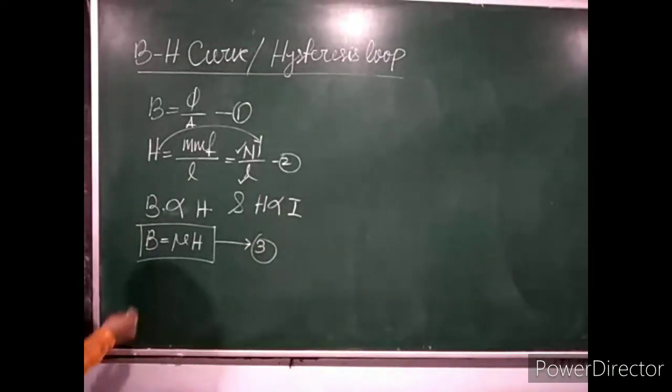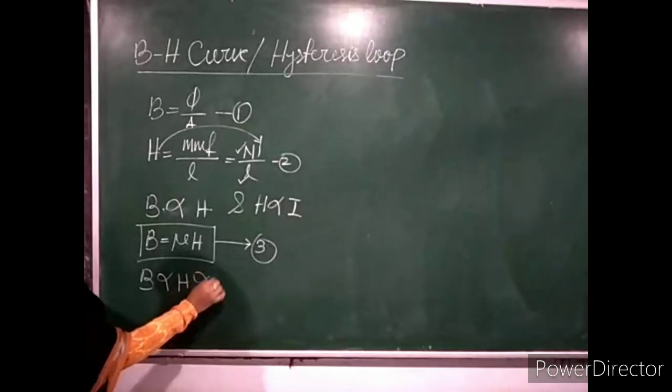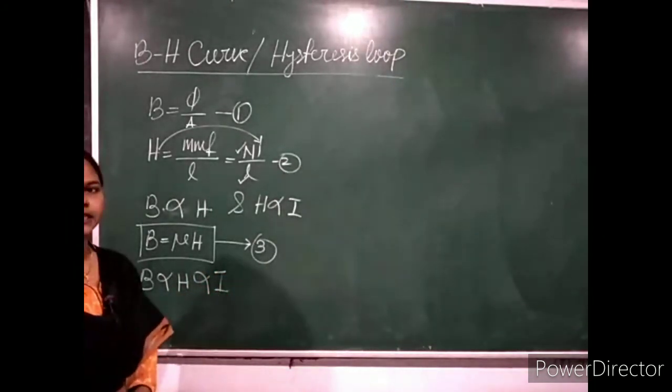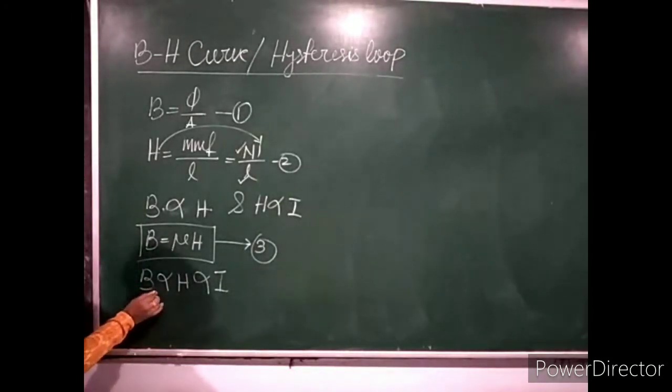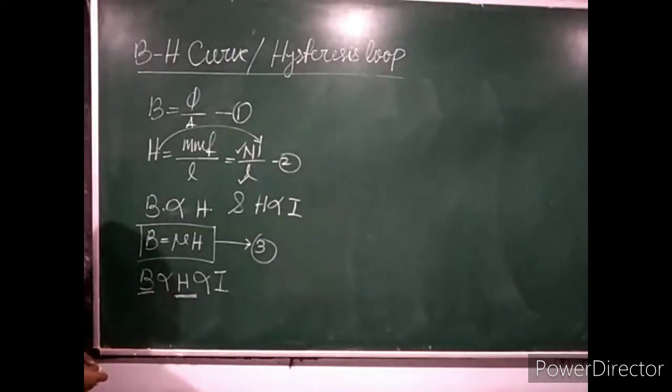So flux density is directly proportional to H, which is directly proportional to the current of the circuit. Clear? So flux density depends upon the flux intensity.